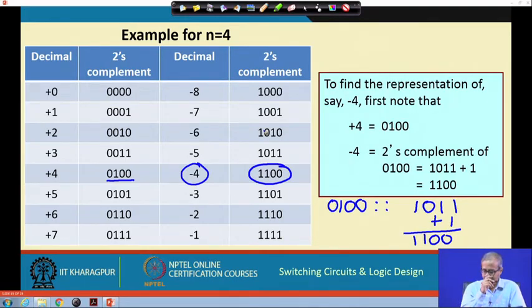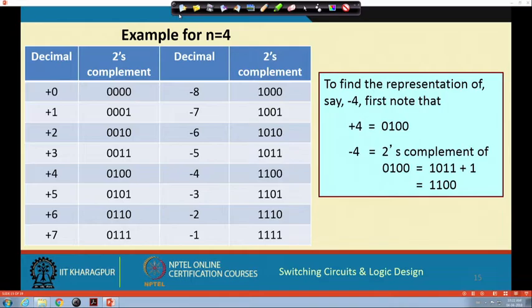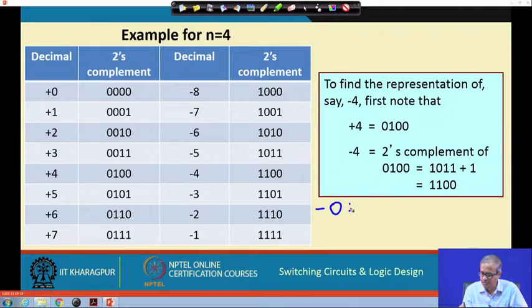Now, another advantage here is the issue of 0. Earlier we had the issue that there are two representations of 0. Let us try to compute minus 0. What is minus 0? You take plus 0, you take the 1's complement, and add 1 to it.